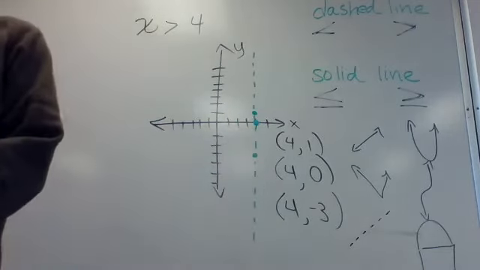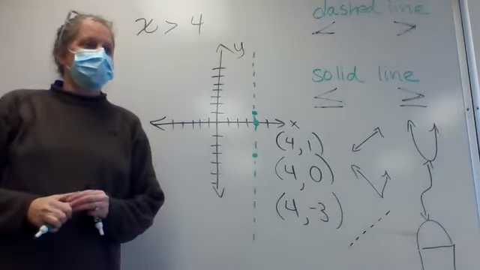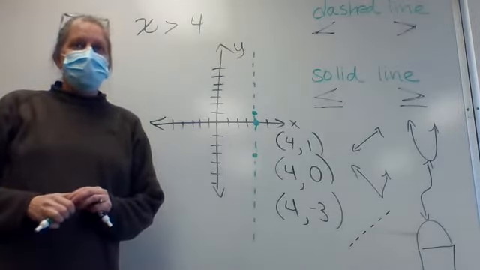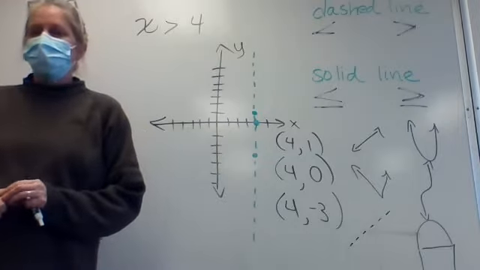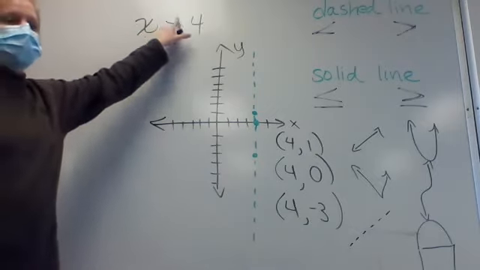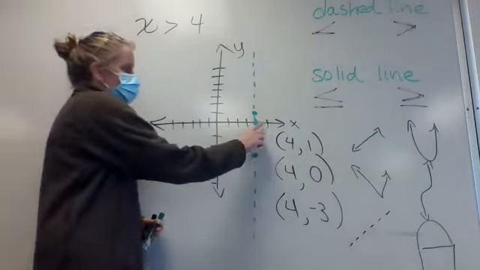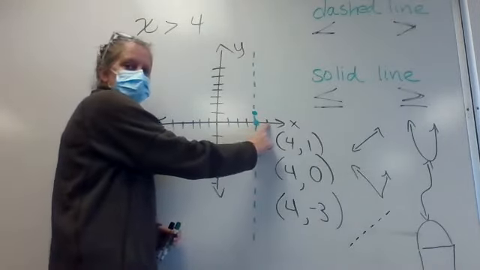Now, up until this one, we've been shading above or below the line. I can't do that with a vertical line. But what is this statement saying? Where are the x's greater than 4? If I'm just looking at it, what is this one's x? 5. Is that greater than 4?